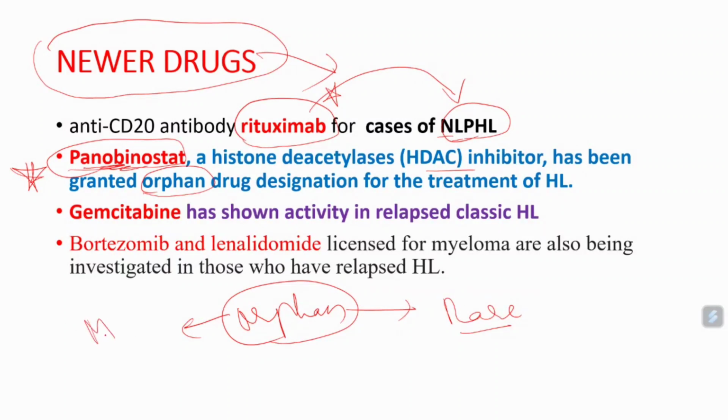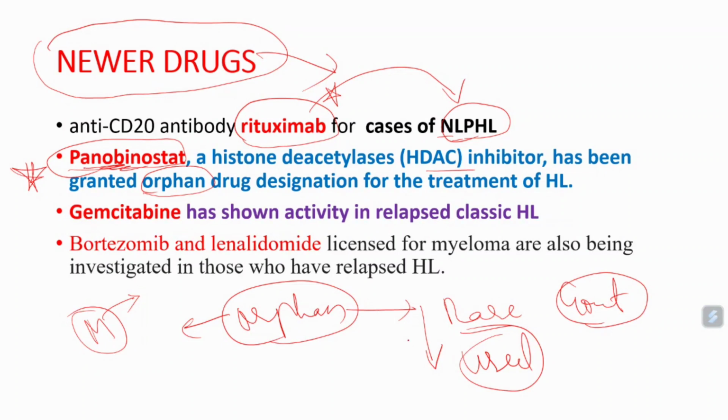Once a drug is manufactured, if it is not marketed or not used, what happens? The manufacturing companies will suffer losses and bear a financial crisis. But orphan drugs are manufactured by companies for rare conditions, and if these drugs are not marketed or used, the government will save the company, so the company will not have a financial crisis.